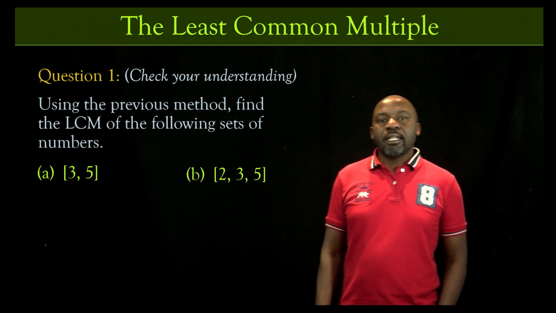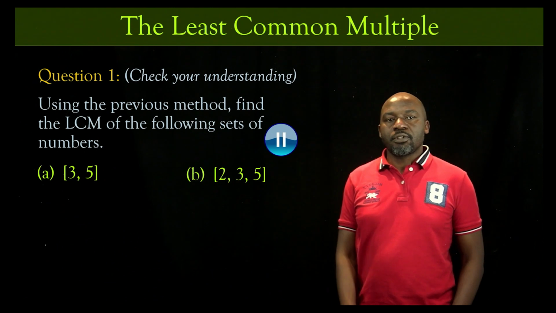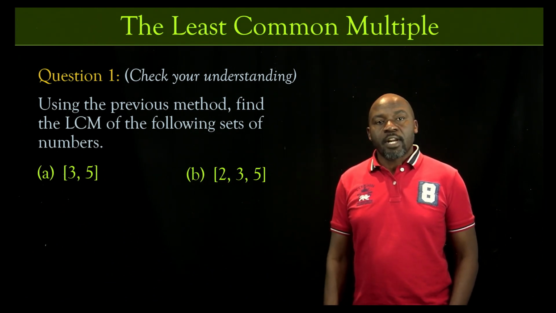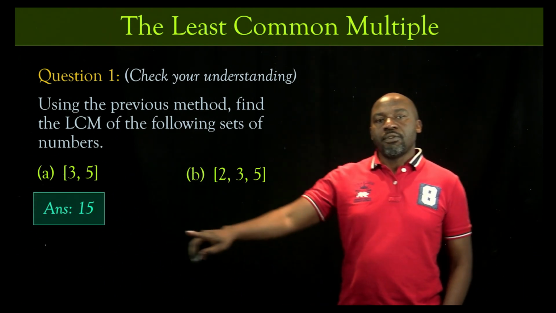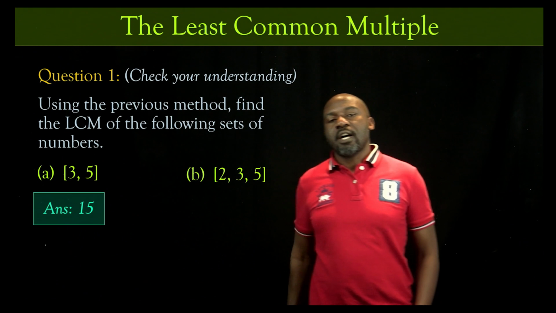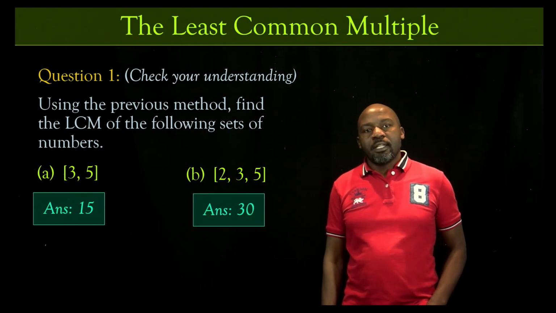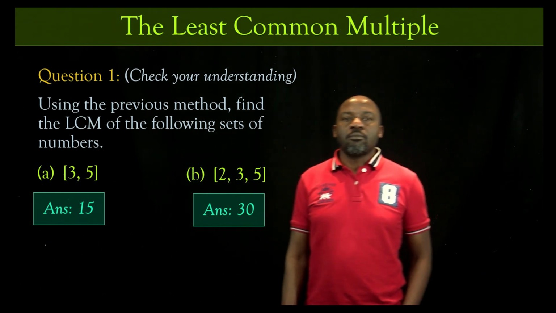So pause the video, of course, and try it yourself. And if you've done so correctly, then you should end up with an LCM of 15 for 3 and 5, and an LCM of 30 for 2, 3, and 5. Okay, let's move on.